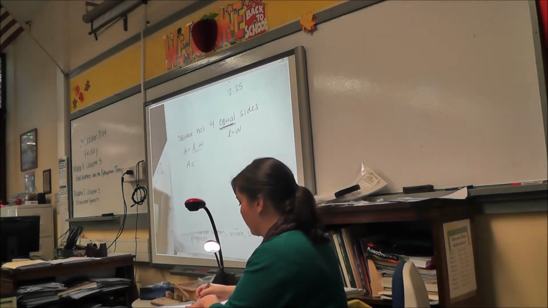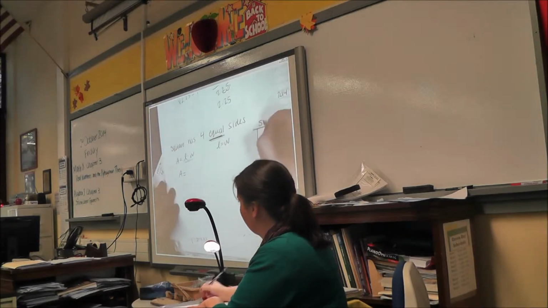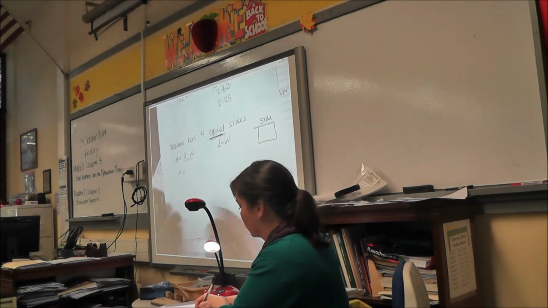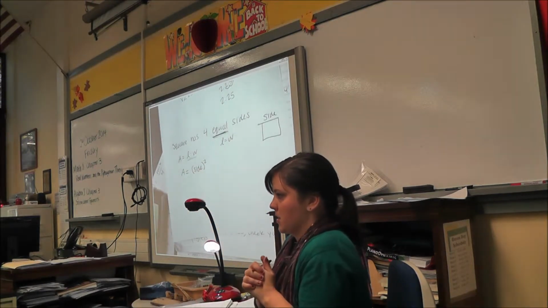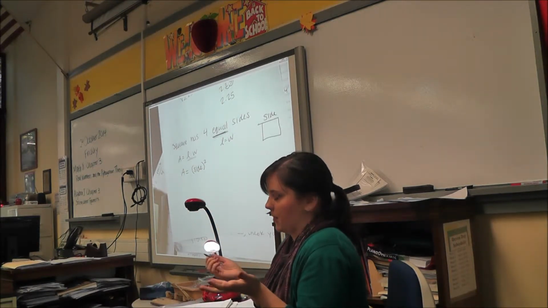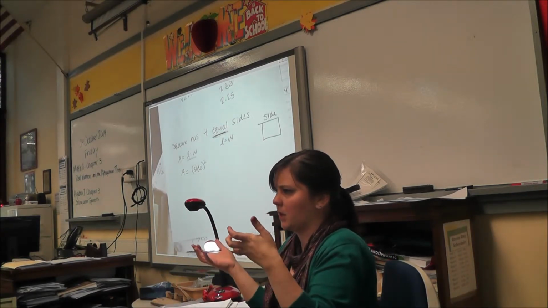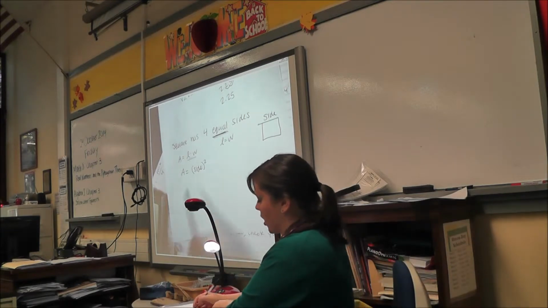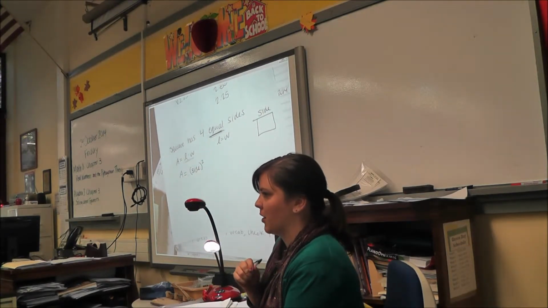So if we had a square, and this is just a side length, we can just write it side squared, because it's the same length. Since length and width are equal, I'm just going to call it side. And we can call it side squared to find the area.